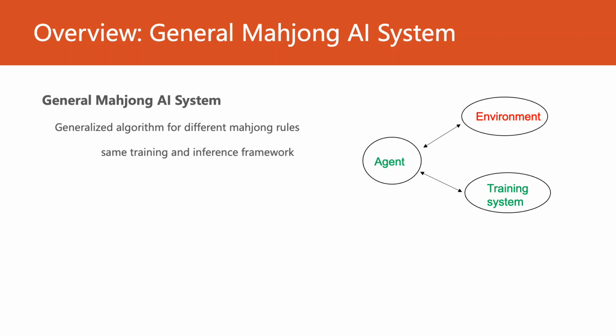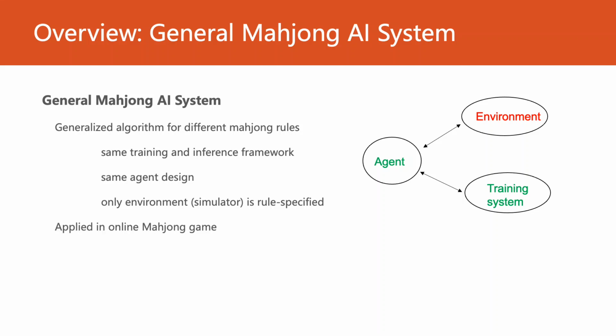We have the same training and inference framework and the agent design. The only different thing is the environment, which is rule specific. So if we want to extend our system to a new Mahjong rule, we just need to change the simulator and use the same agent and training system, and we can easily get a new Mahjong AI.